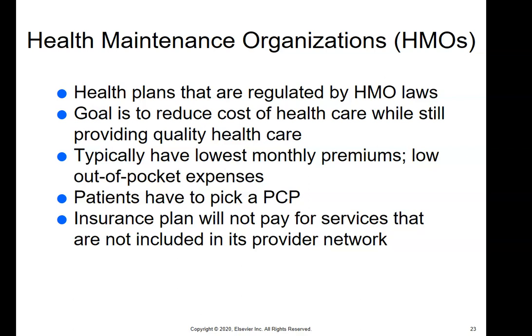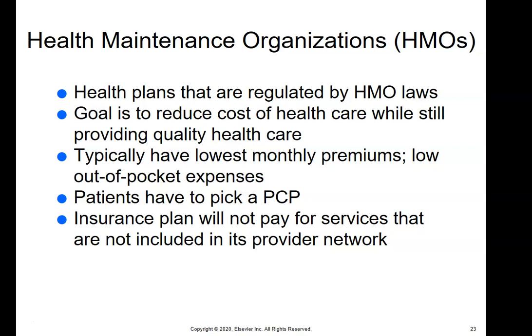HMOs can be set up using several different models, such as the Independent Practice Association, the IPA. The structure of that is a general or family practice provider or provider group that practices independently and may contract with several HMOs, and they can see patients outside of an HMO. In the staff model, one or more providers are hired by an HMO, and that provider will see only HMO patients.